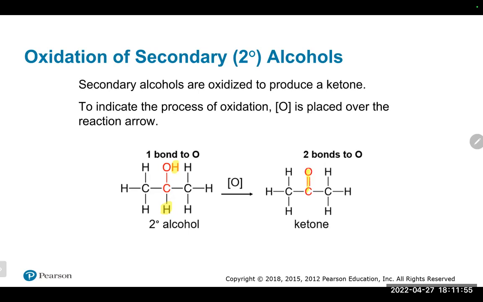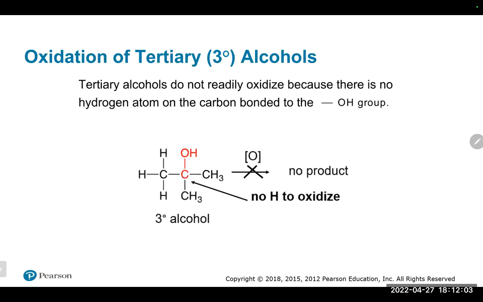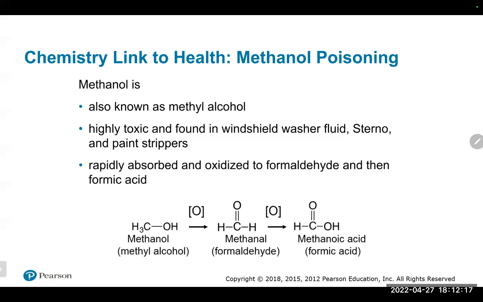Everything else remains exactly the same on that oxidation step. And as we talked about as well, the lacking of the hydrogen prevents this guy from going through that oxidation. And that's our tertiary, the lack of the hydrogen on that carbon preventing it from doing so.